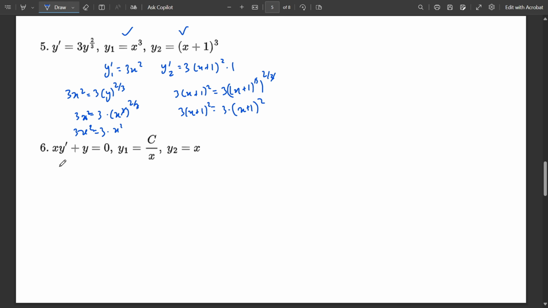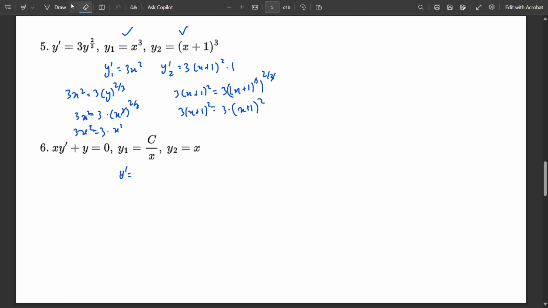Okay, next we have x times y prime plus y equals 0, with the proposed solution y equals c over x, where c is an arbitrary constant, and y2 equals x. Okay, let's check. The highest derivative is y prime, so we just need to take the first derivative. So c over x, c times 1 over x.